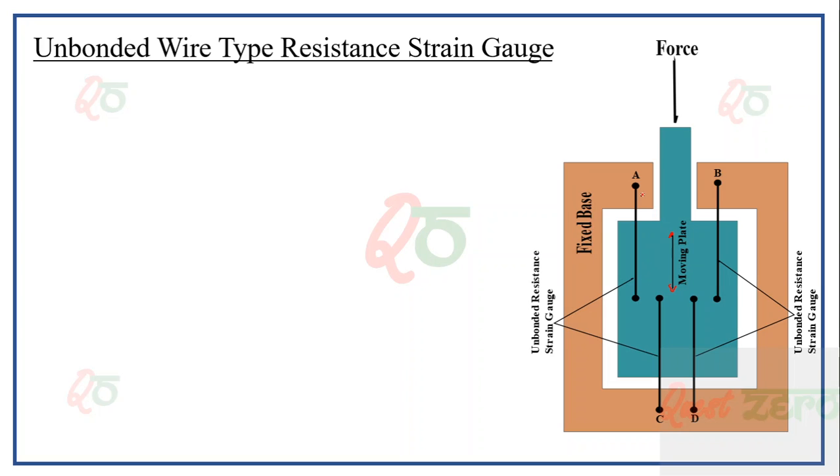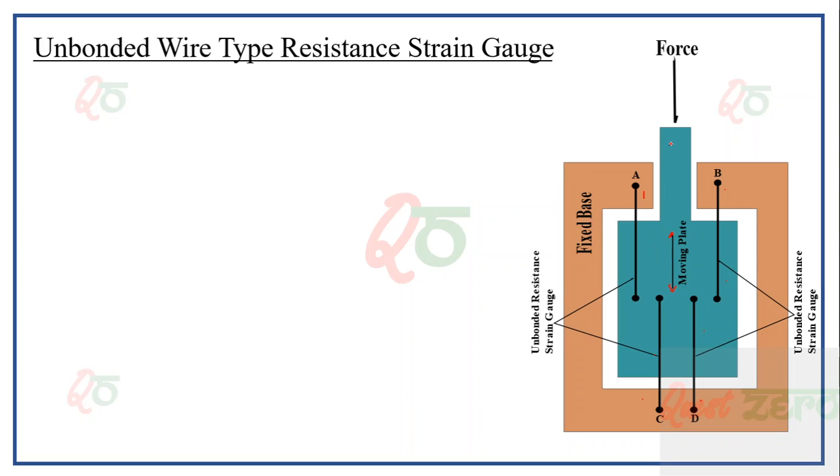You will connect the first strain gauge A from the fixed base to the moving plate. Similarly, B will be connected, C will be connected, and D will be connected from the moving plate to the fixed base. Now these four strain gauges will be connected in a Wheatstone bridge network.